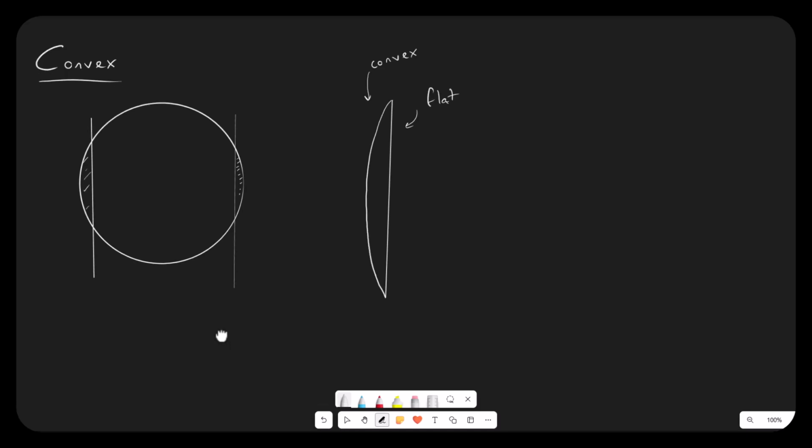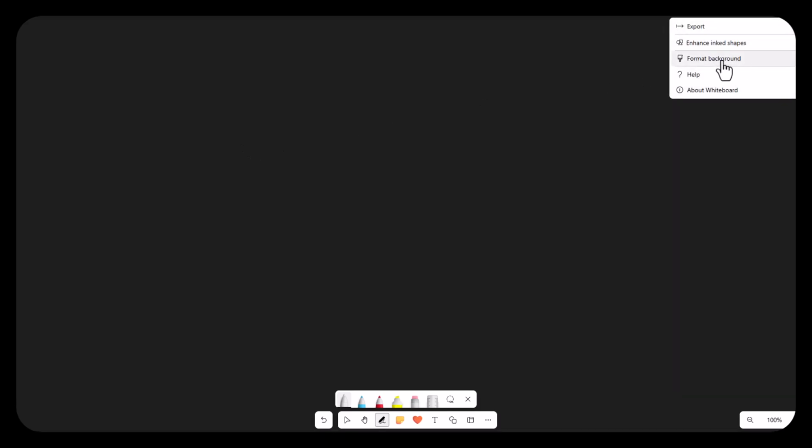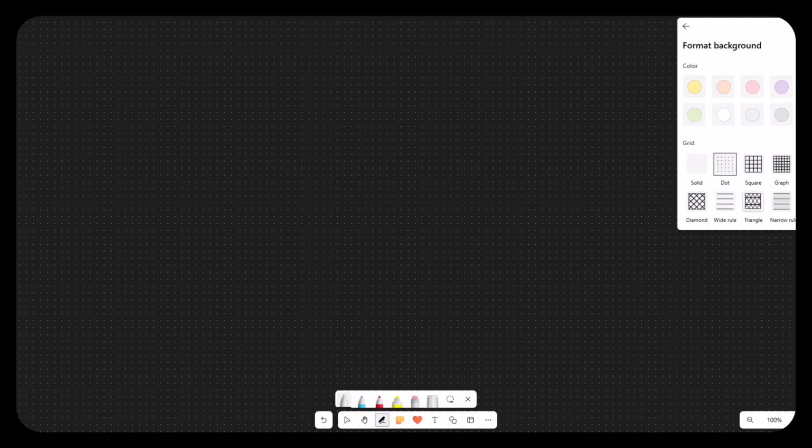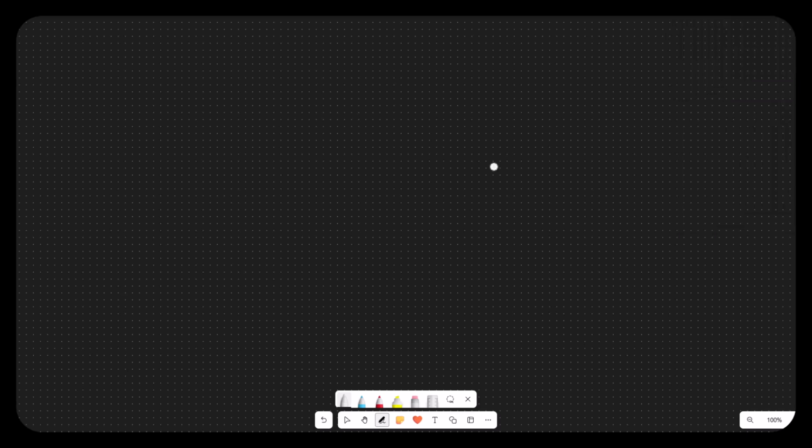A convex lens is a converger. And what that means is this. I'm going to switch and add these to my background because this time they'll be particularly helpful.